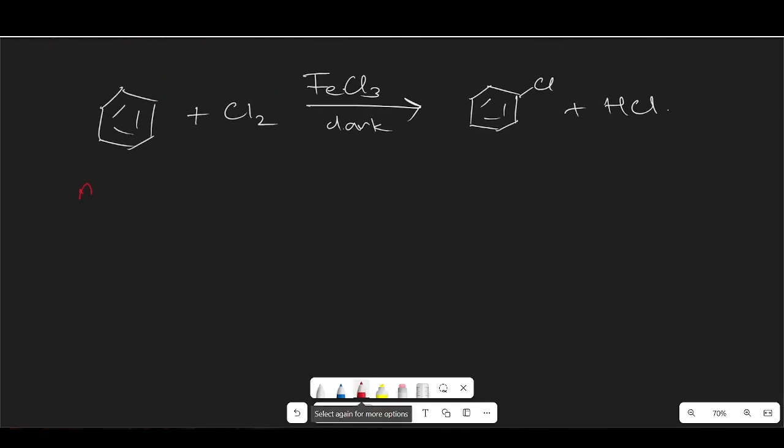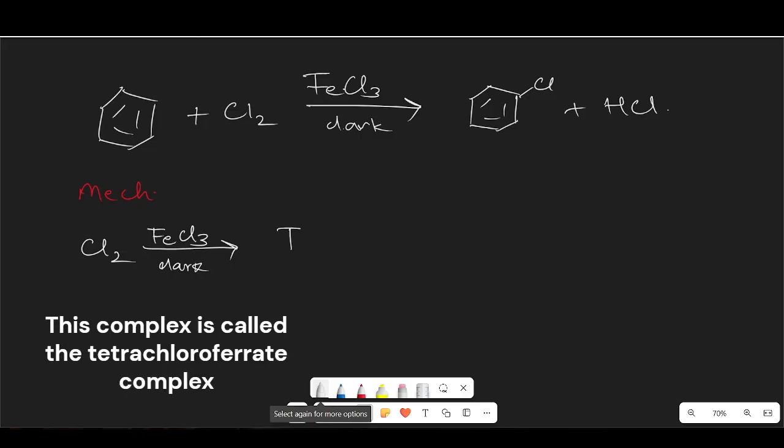Mechanism. Of course, the Cl2 reacts with FeCl3 in the dark to form the FeCl4 minus complex and the chloronium ion.